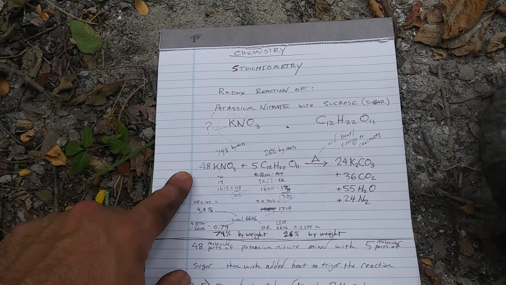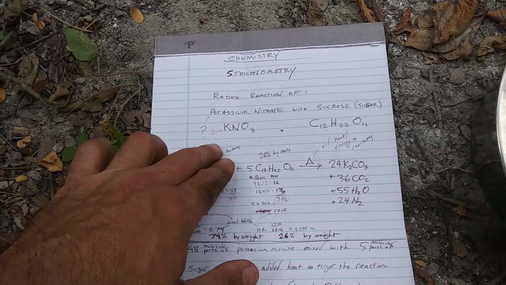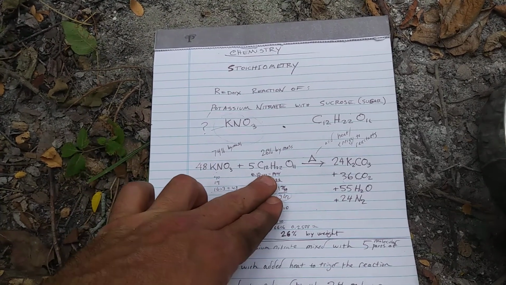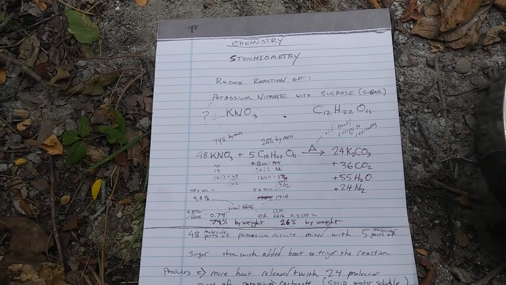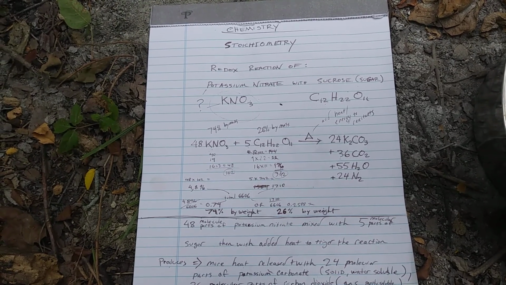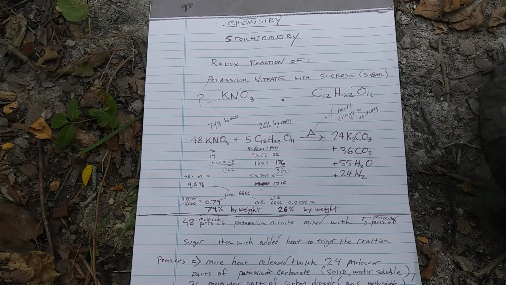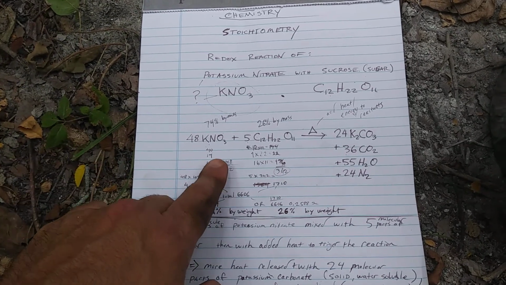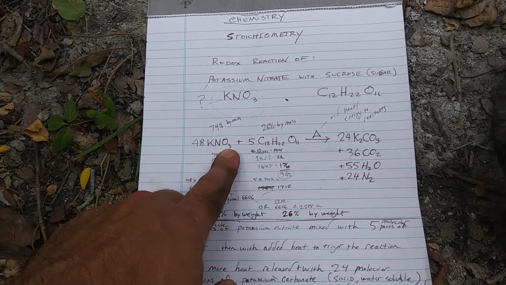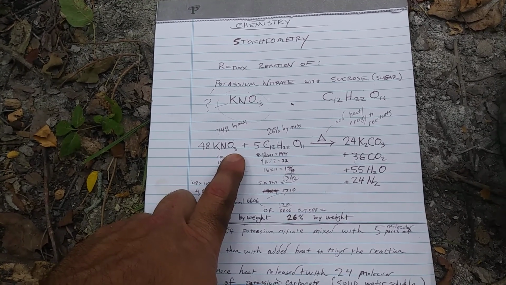So we're talking about molecular chunks here, and you can't count 48 molecules and 5 molecules of sugar. It's just extraordinarily tiny. So what you can do, though, is do the math of the molecular weights. Each one of these atoms has a specific weight on the periodic table of atoms.